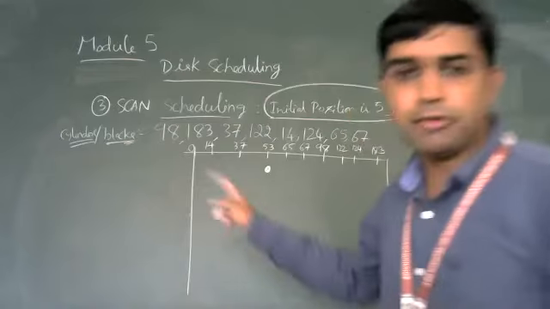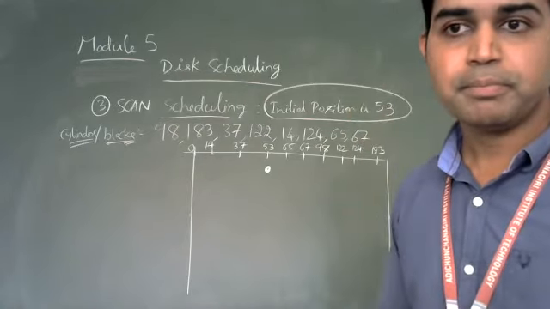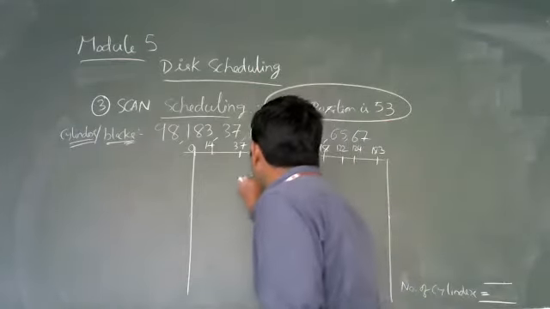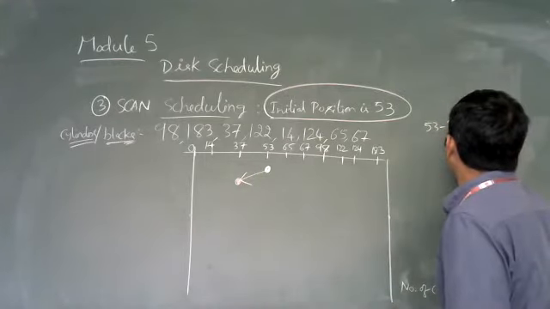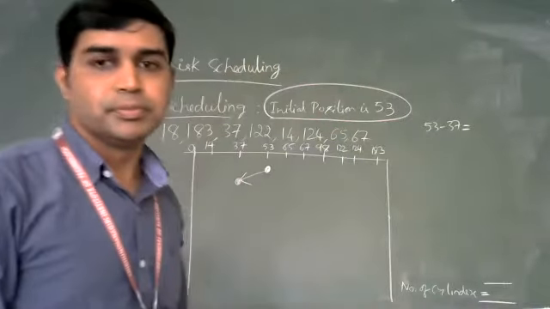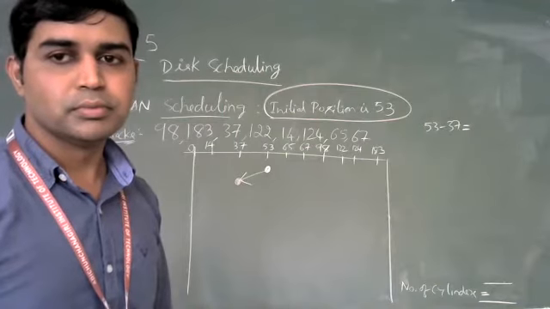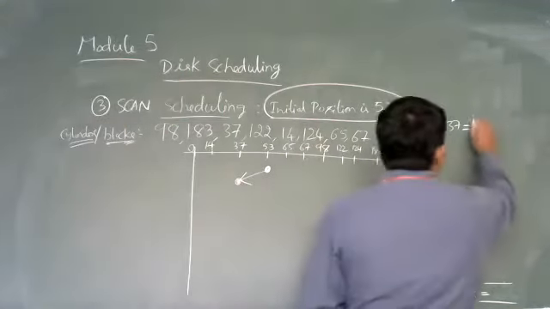Fine. So which is the first cylinder it will be visiting from 53? 37. How much? 53 minus 37. 16.